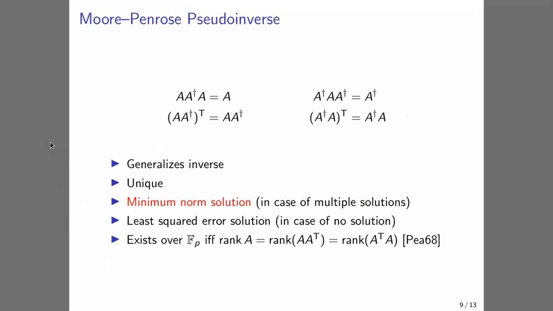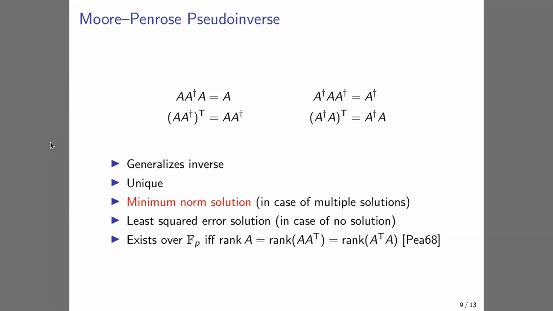So in case you have multiple solutions, it actually gives you a solution that is closest to the origin, let's say, in some sense. And if you choose your parameters right, this is exactly one of the solutions from which you can recover a solution over the rational numbers.